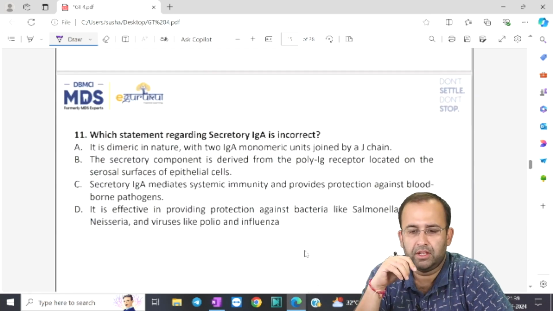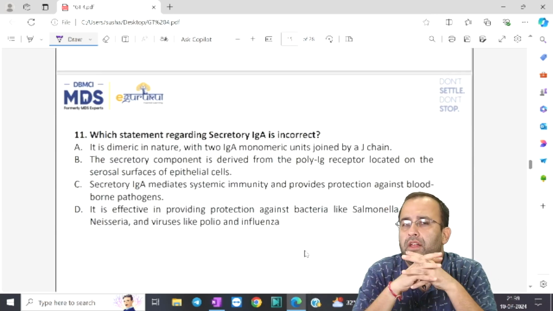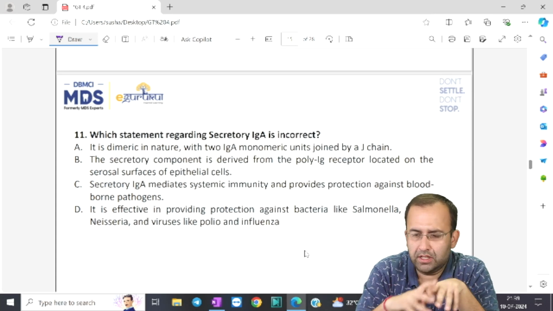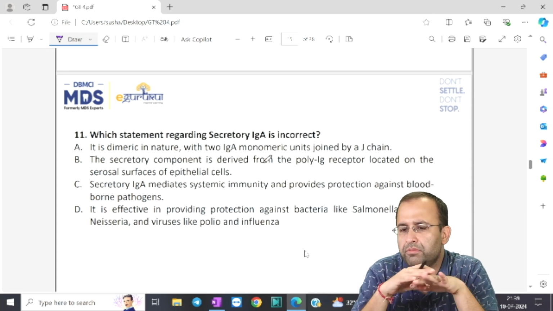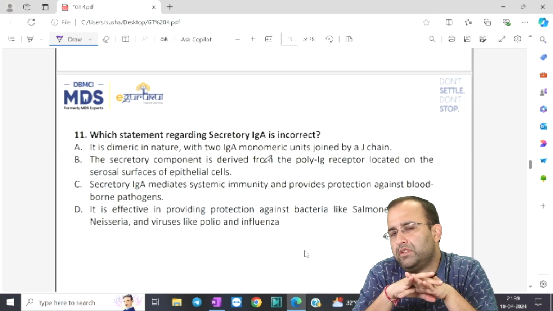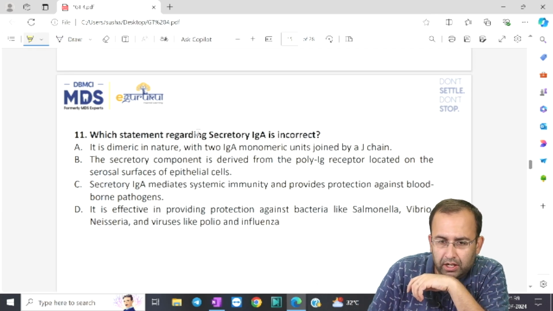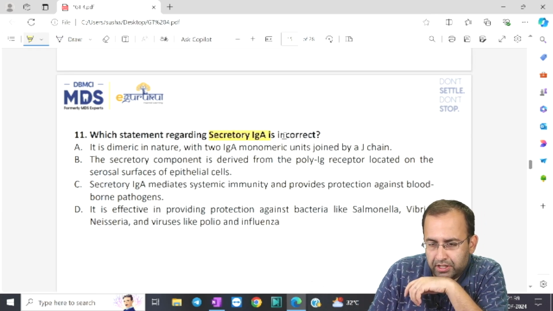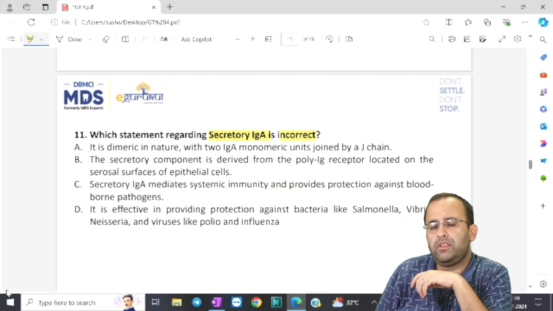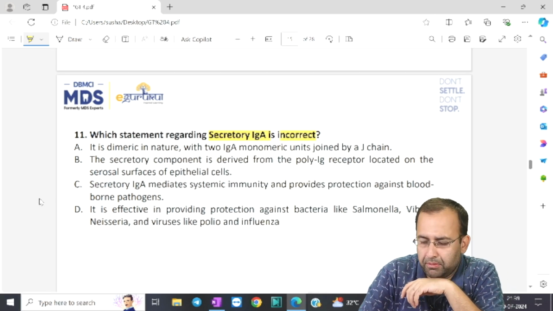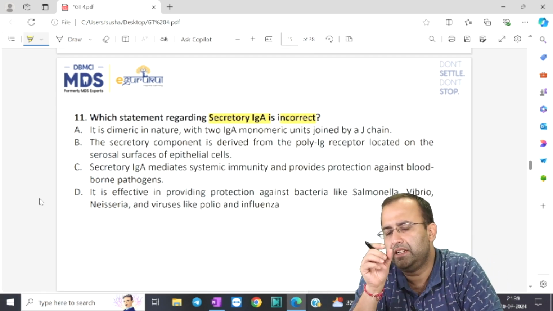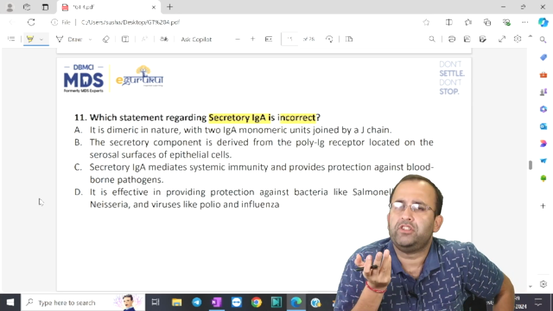Next question. Nothing major. If you are just able to have a good look at the options, you will be able to rule out majority of the stuff. Don't worry about it. Which statement regarding secretory IgA is incorrect? In this question, even if the examiner did not use the word secretory, just writing IgA antibody would have been sufficient.